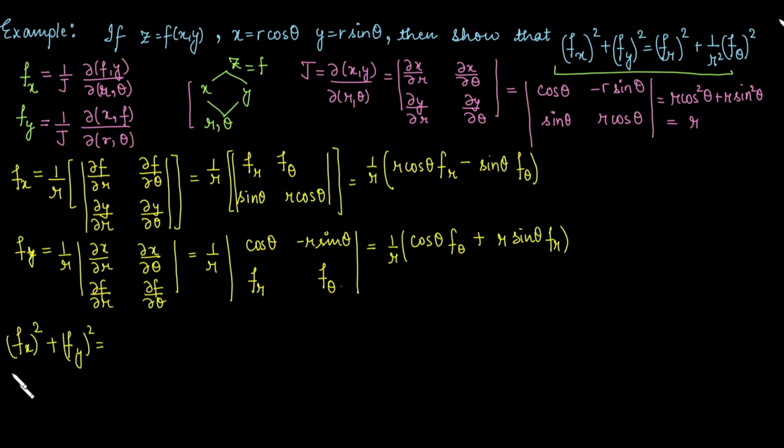On the left hand side, we need to calculate this one. We need to take their squares. What are the squares of these terms? Its square is 1 by r square.